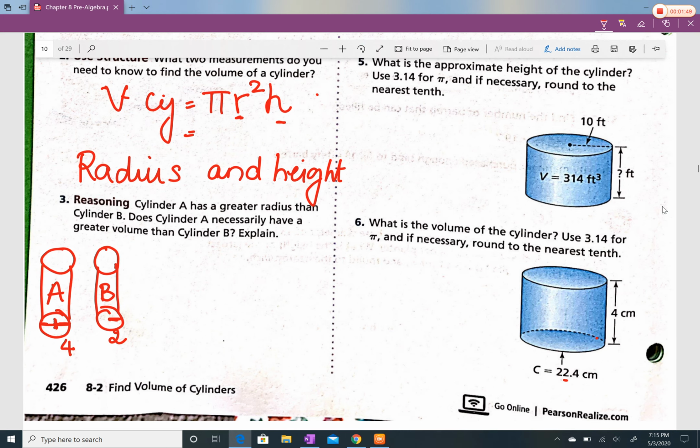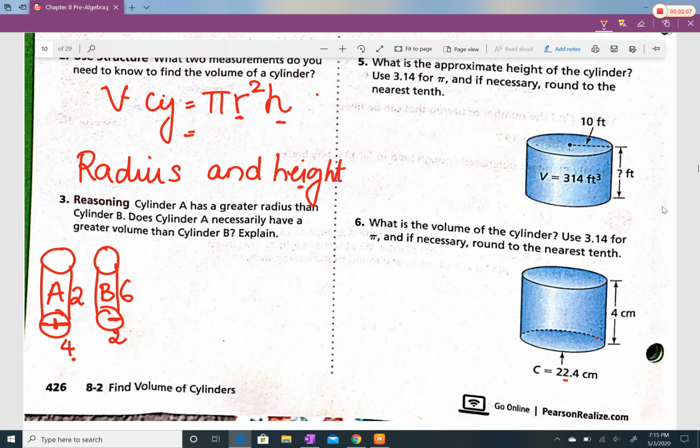Does cylinder A necessarily have greater volume than cylinder B? Now see, the volume depends upon the radius and the height. So if this height is 2 and this height is 6, then we can have 2 square, 4 times 6, and then pi also we have to.